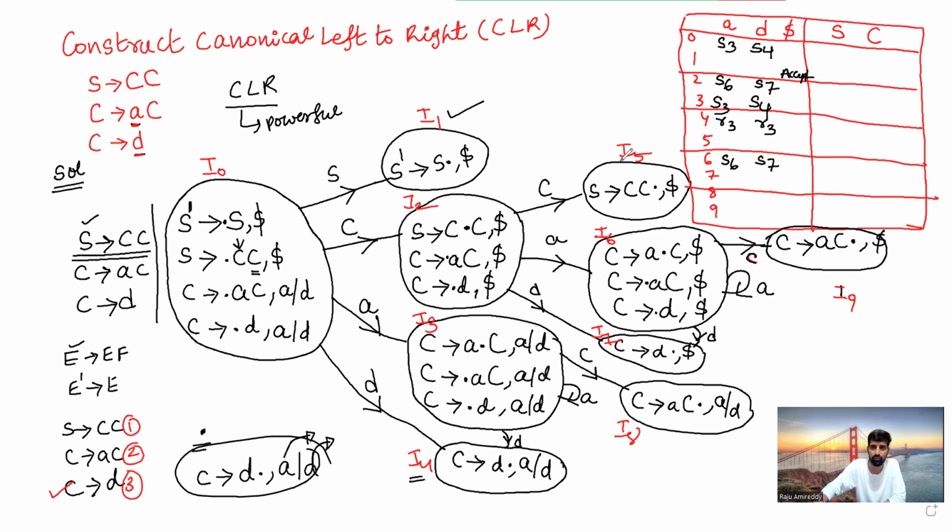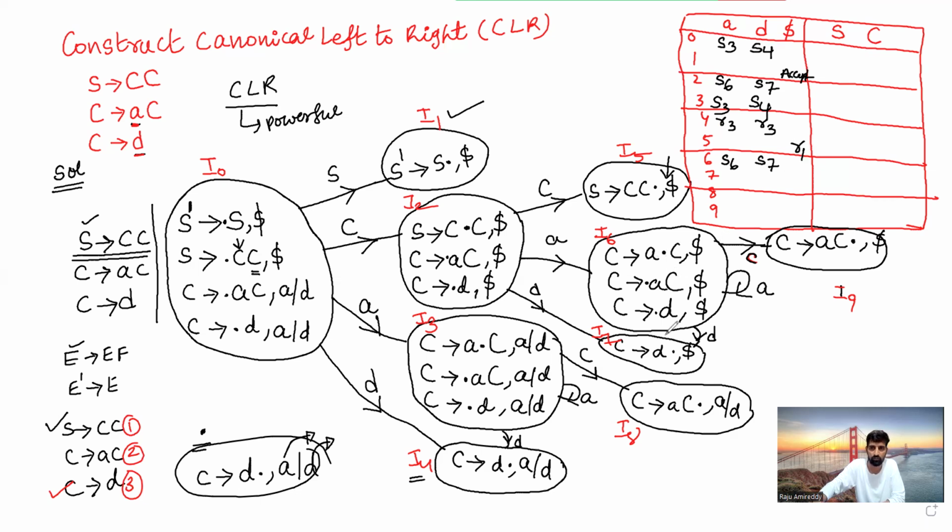Now if you see I5, the I5 value is S tends to CC. Here the look ahead symbol is dollar. So in the I5 production, in place of the look ahead symbol, we write R1, because S tends to CC is production number 1. So in place of dollar, we write R1.